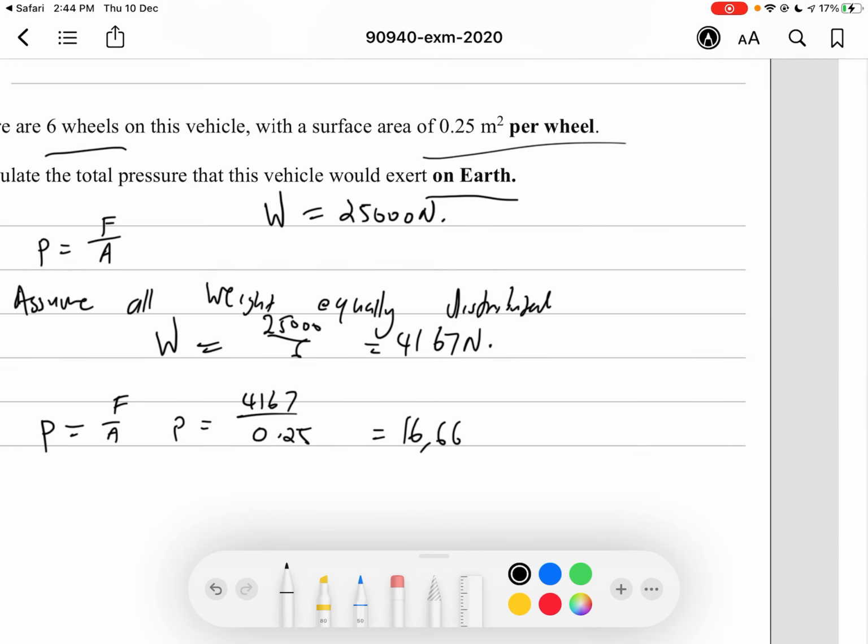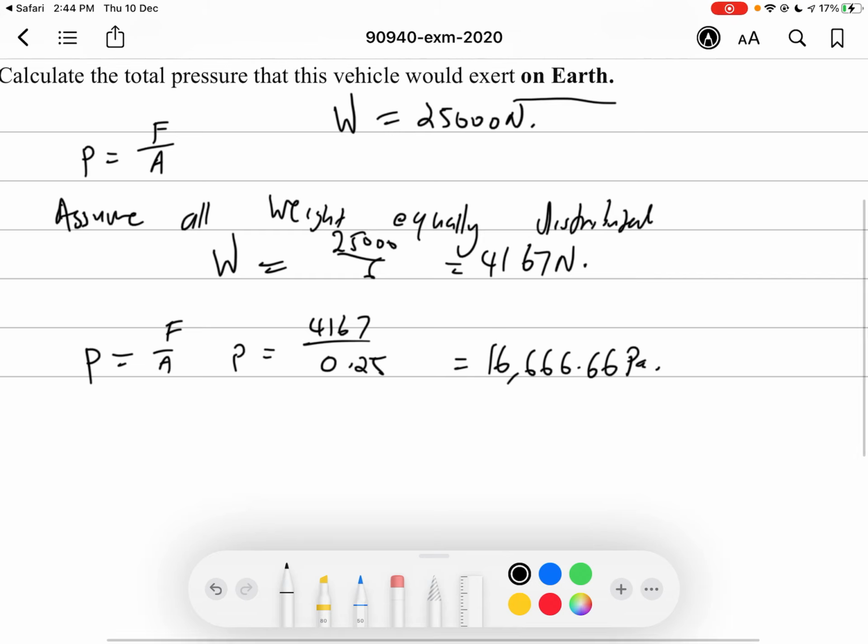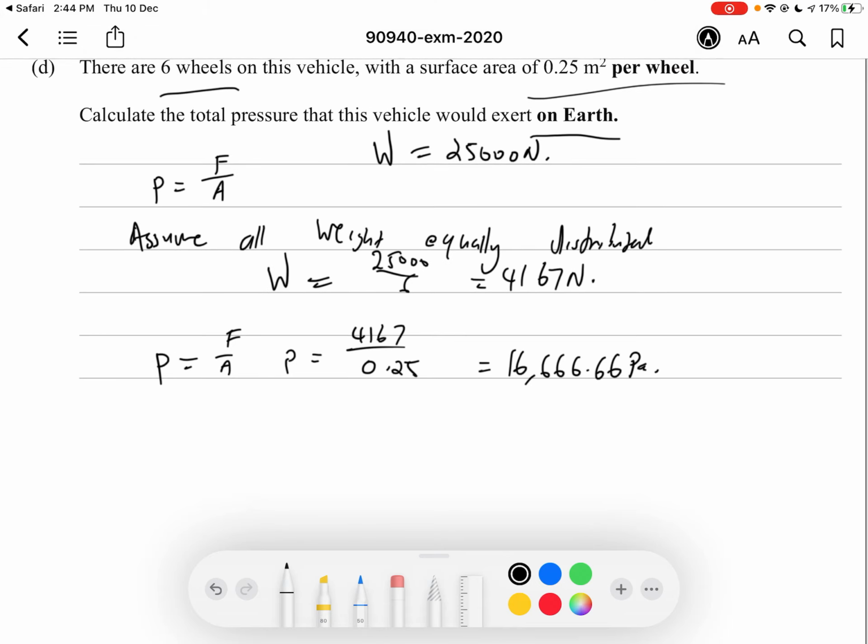This gives us 16,666.66 newtons per meter squared. You use pascals for that, so Pa. Okay, that's the amount of pressure for one wheel.